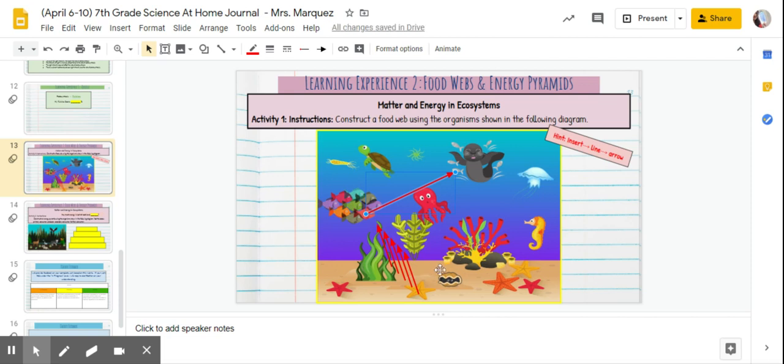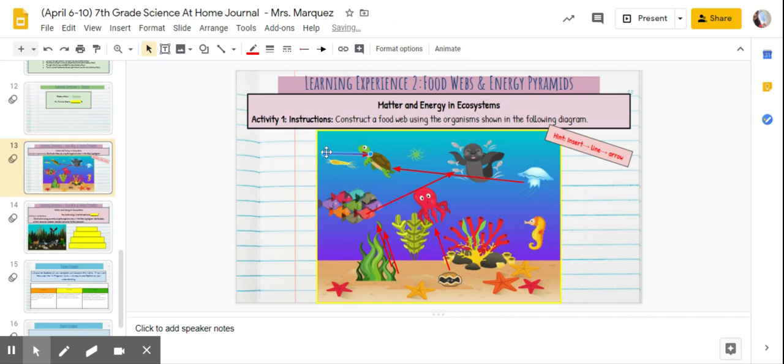Okay. So I know that the fish get eaten by the seal. And then I know the clam gets eaten by the octopus. I know that the jellyfish gets eaten by turtles. I also know this little shrimp guy is going to get eaten by a turtle in a second. Sorry.